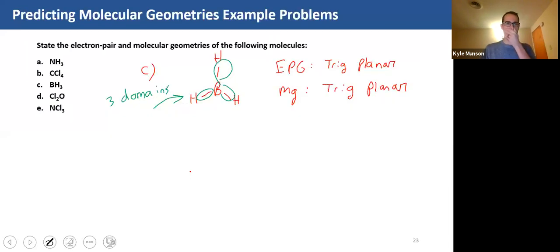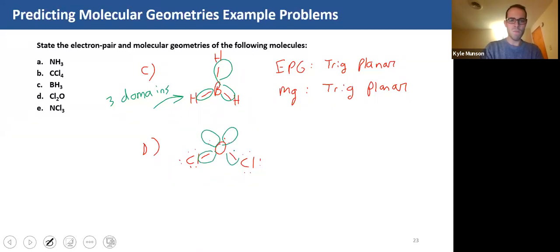Okay. Next, right here. So this guy looks something like this. Again, we're only worried about the central atom, which is the oxygen. So 1, 2, 3, 4 pairs, so 4 domains.